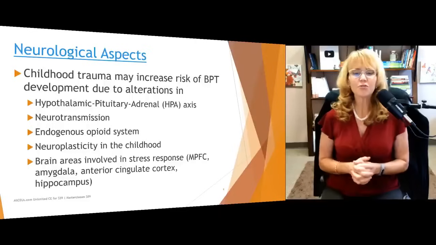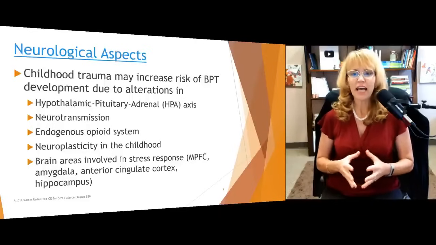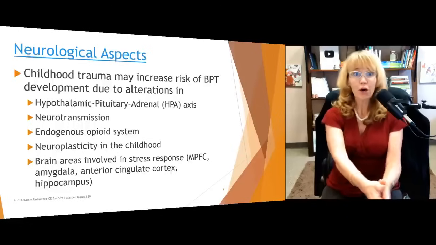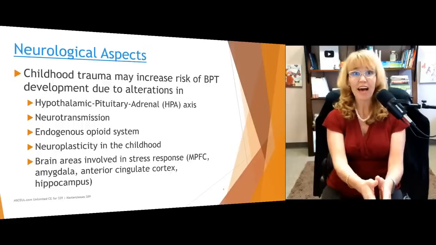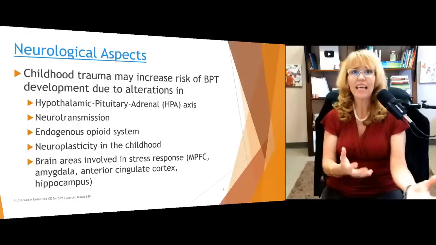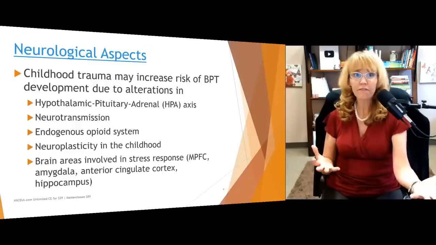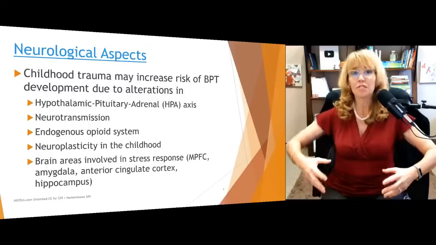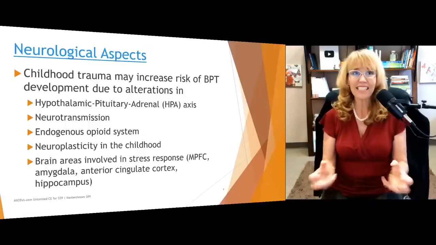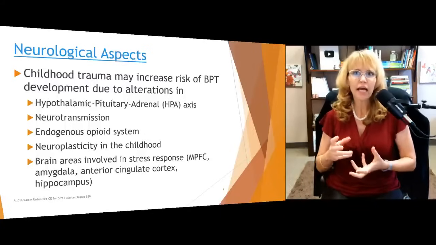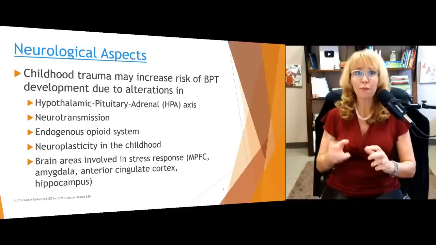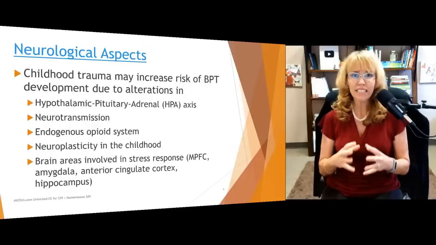We also see alterations in the neuroplasticity in childhood. The child, when they go through those windows where they have a lot of neuroplasticity, a lot of times they don't have information going in. When they're in those windows where they have neuroplasticity, their brain is kind of like putty, and it's more malleable and more shapeable, but it's also more easily damaged.